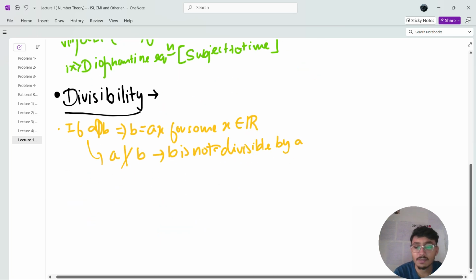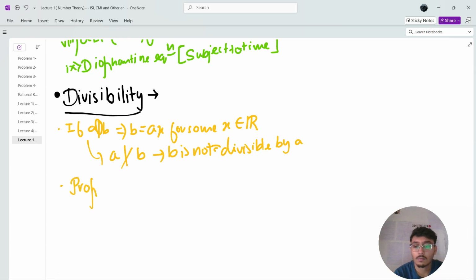Next come some properties. One is the transitive property, the transitive relation property.